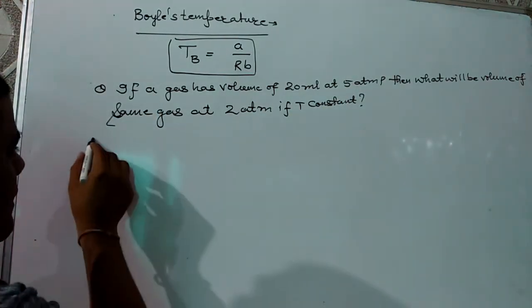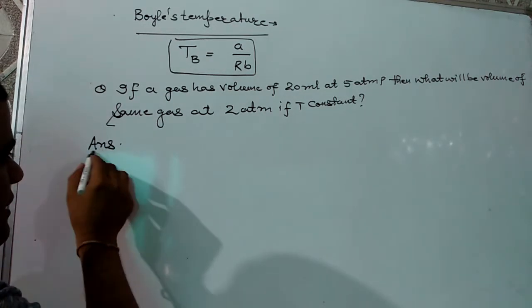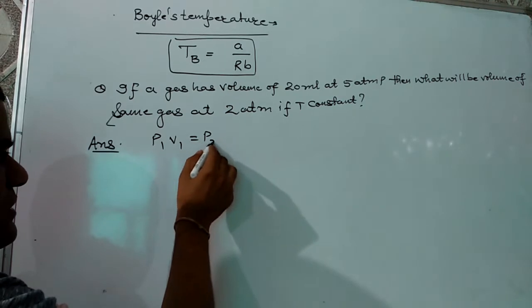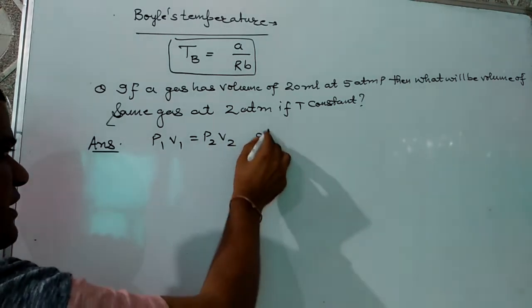So here the formula applied will be P1 V1 is equal to P2 V2 at constant temperature.